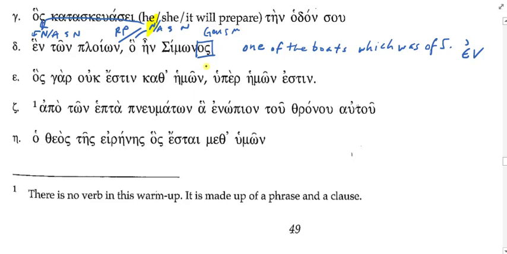Okay? Make sense? Yes? This might be very stupid, but is that a relative clause? Which was Simon's? Yes. So this whole thing is a relative clause, and it's modifying hen. So that would also tell us that the subject is not Simon's. That's right. Simon can't be the subject of ēn because Simon's in the wrong case to begin with.